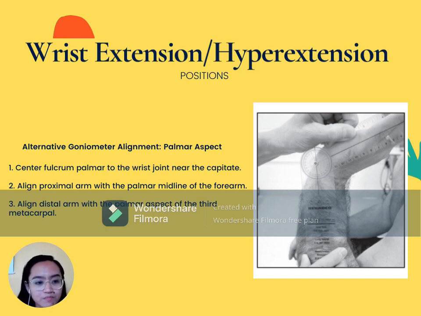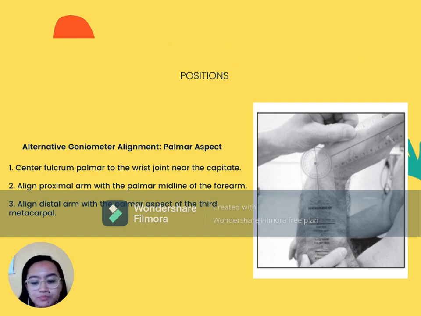The center fulcrum is palmar to the wrist joint near the capitate. Second, the stationary arm should be aligned with the palmar midline of the forearm. And lastly, the moving arm should be aligned with the palmar aspect of the third metacarpal.